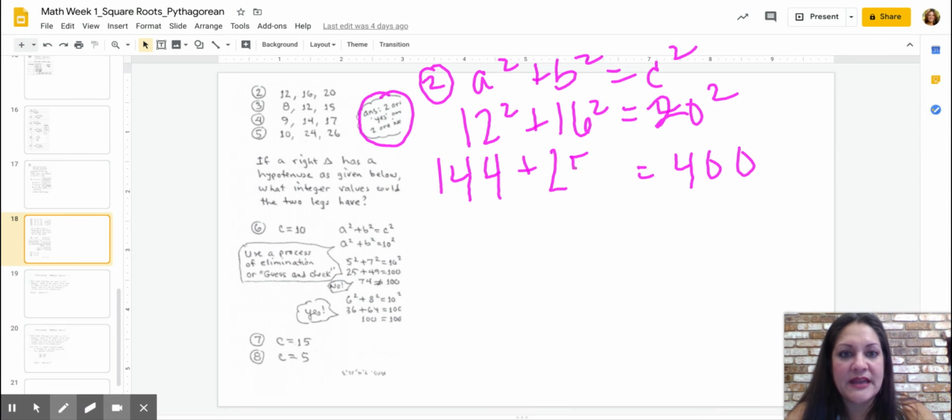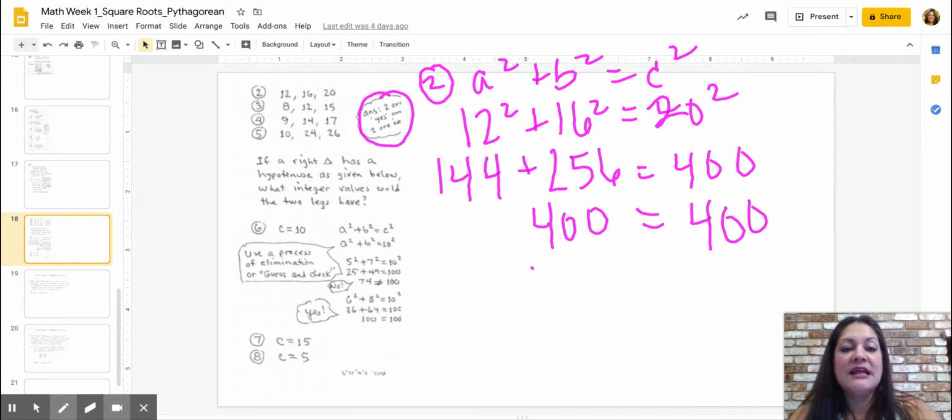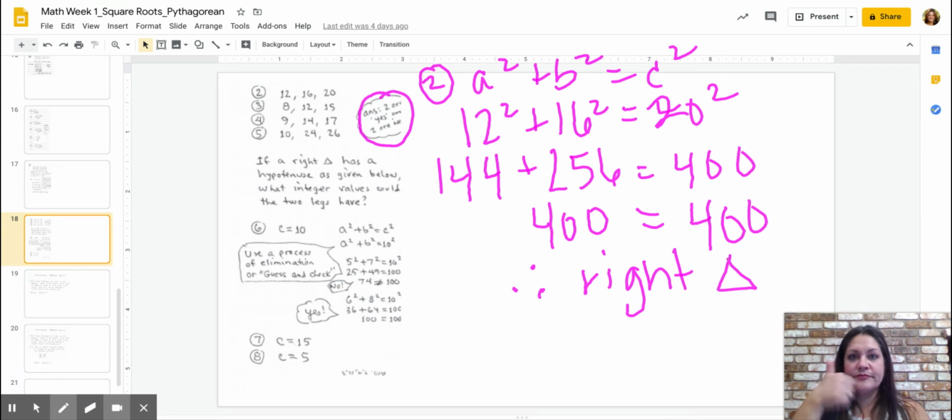We've had that a couple times. Should remember it. So 144 plus 256 equals 400. 400 equals 400. Therefore, right triangle.